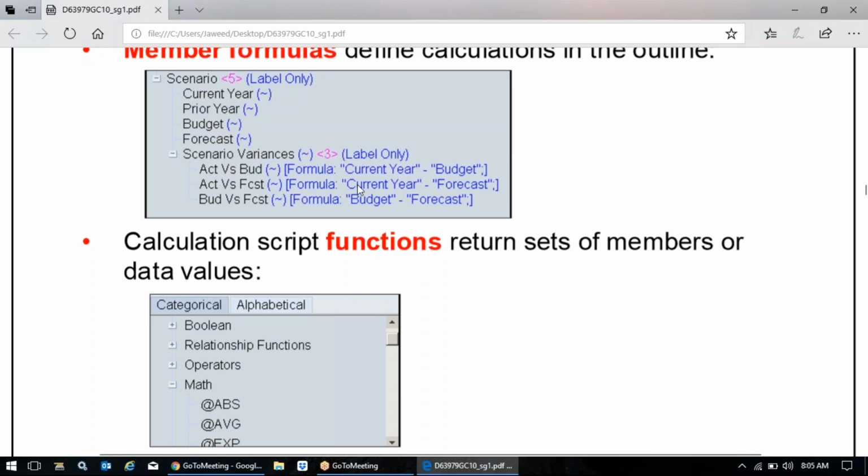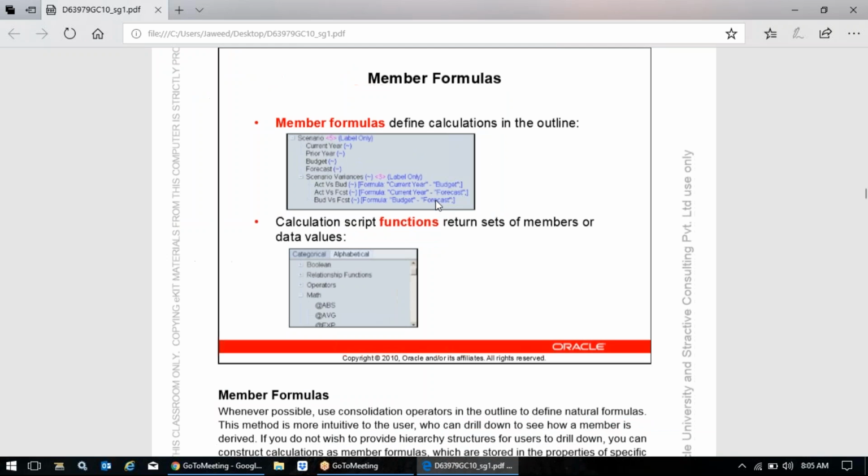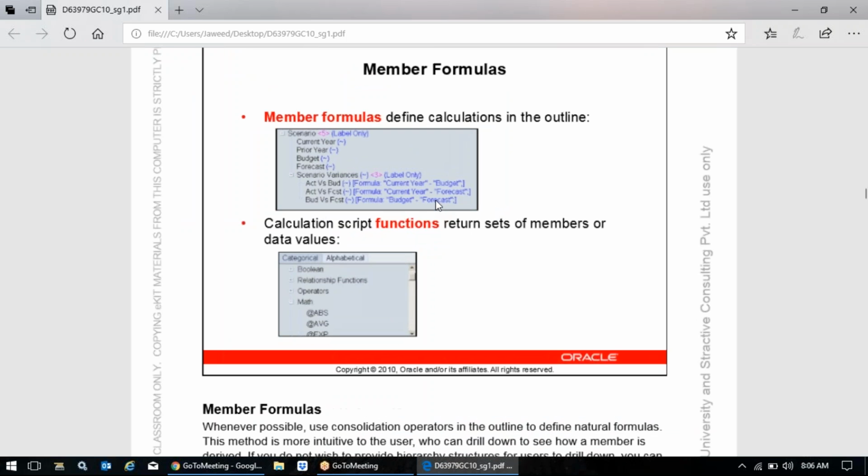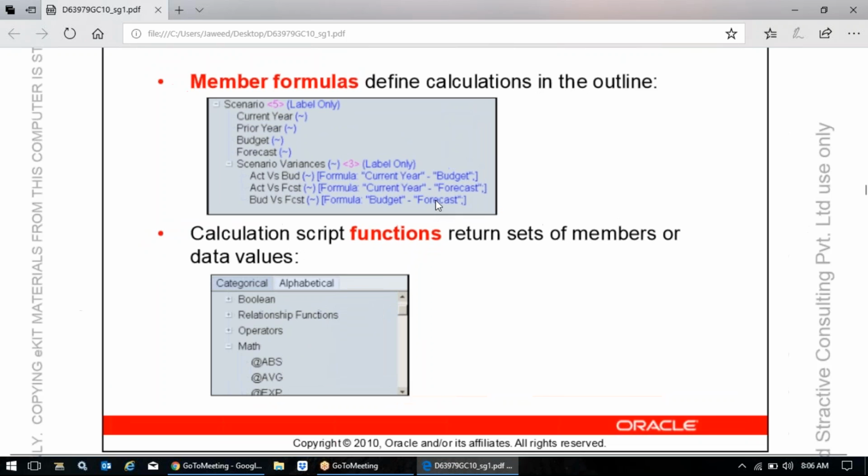So the formula is, current year minus budget. So that's the variance between the actuals and the budget. In the same fashion, actuals minus forecast. So this is a formula. And this is an example of writing the member formula. Okay, does it make sense?